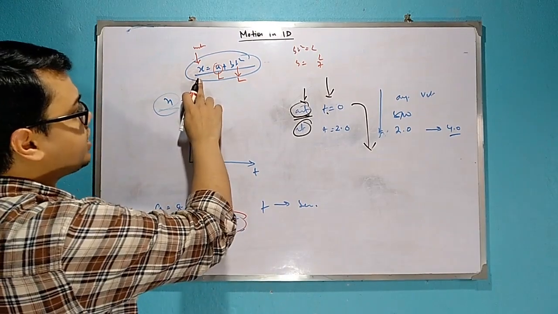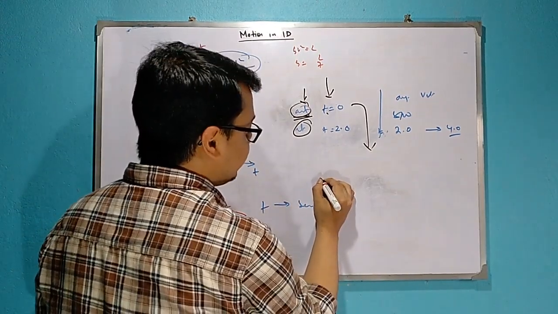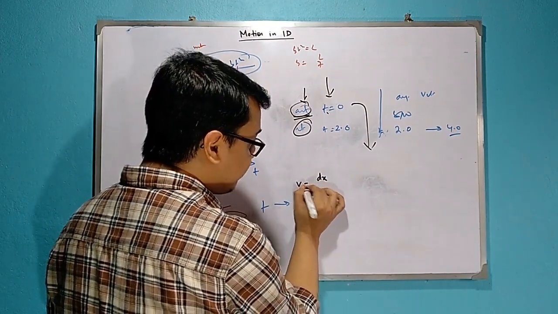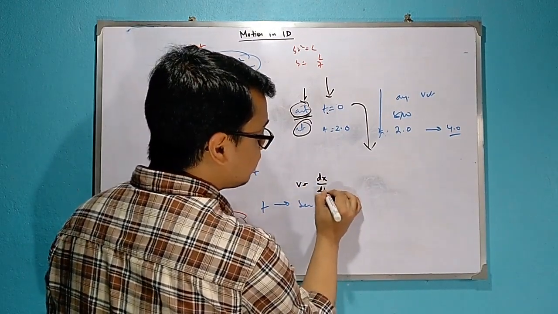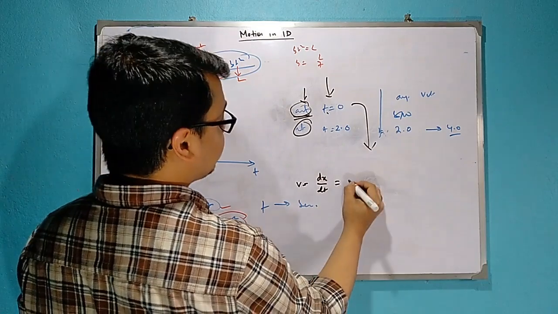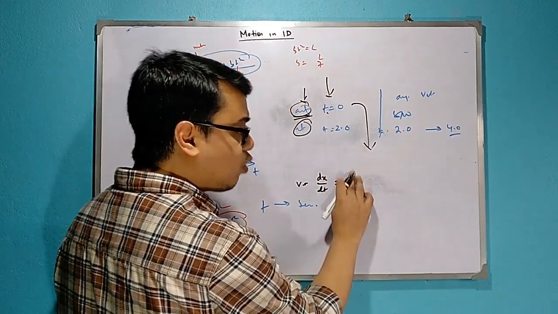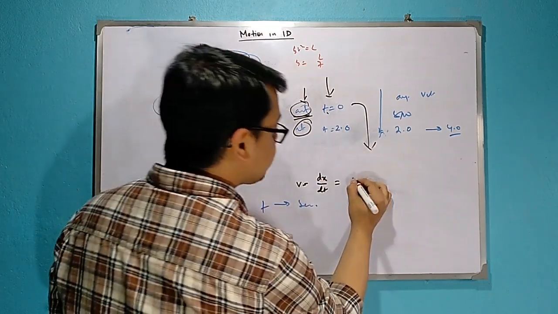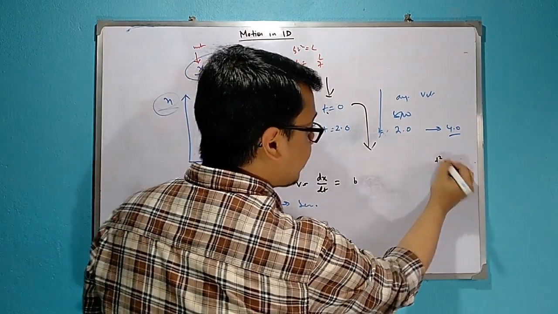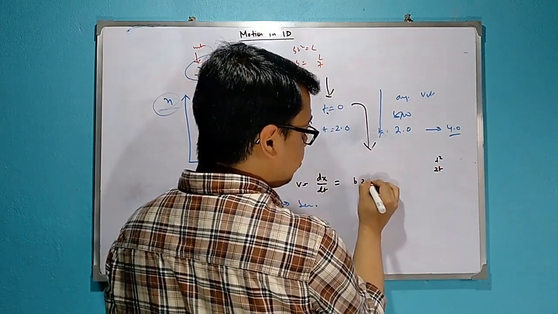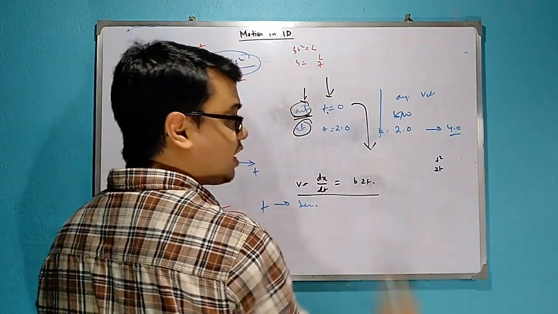So the equation is x = a + bt². The instantaneous velocity v will be dx by dt. a is constant, so there will be no a term. For bt², the derivative of t² is 2t, so b into 2t. This is the instantaneous velocity.